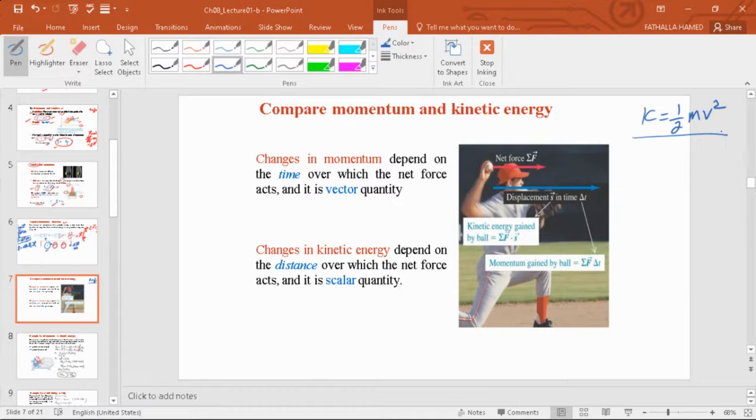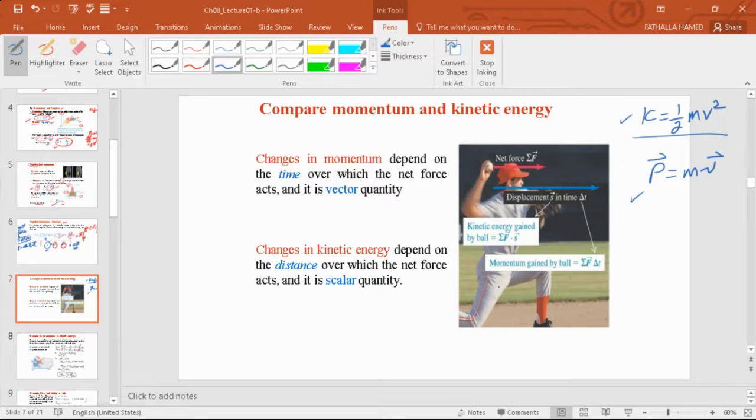We're relating the mass with velocity as well. And we told you that you can write Newton's second law in terms of this quantity, which we call momentum. So how are we going to look at these two quantities, which relate mass and velocity? One is a scalar, which is the kinetic energy, and one is a vector, which is momentum.